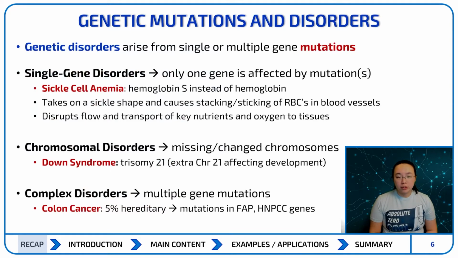Now, we also talked about genetic mutations and disorders. They can come from single or multiple gene mutations. For single gene disorders, we took a look at sickle cell anemia.